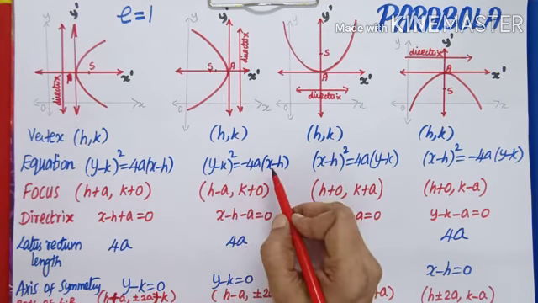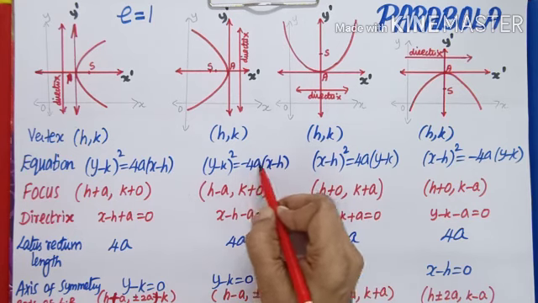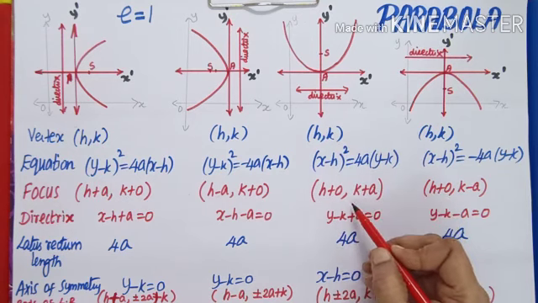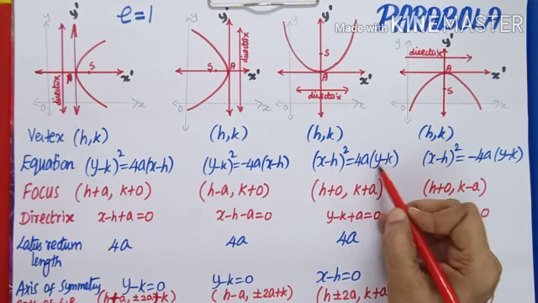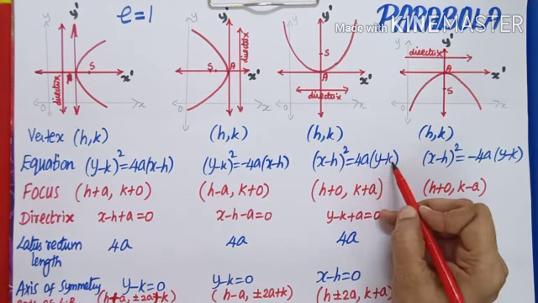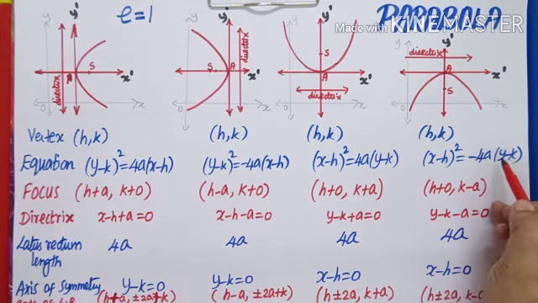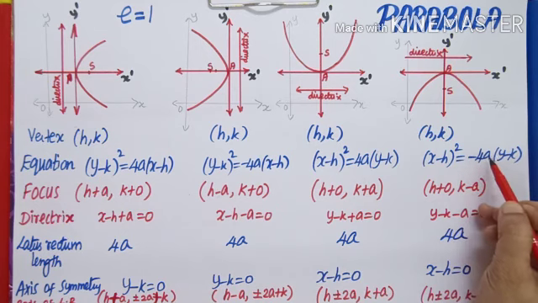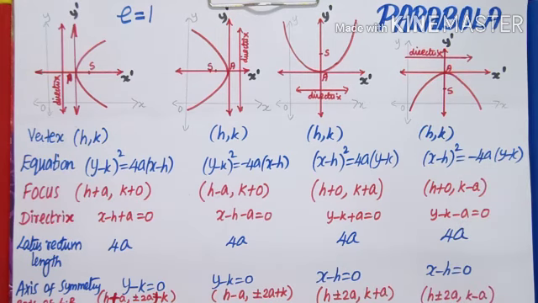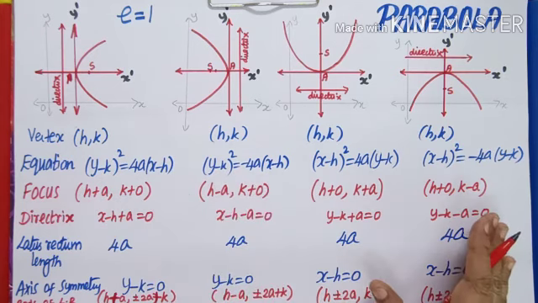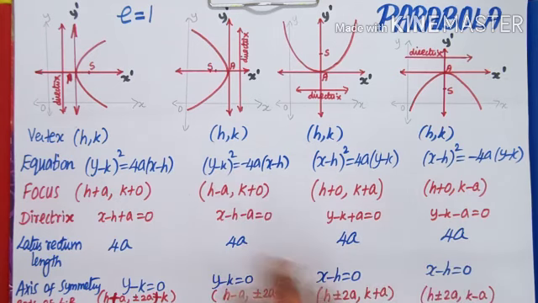Remember in that way. And when you come here, y minus k only is here. So y minus k plus a equals to 0. And this part, y minus k minus a equal to 0. So when you are learning, compare all the four types and learn together. Tabulate like this so that it will be easy for you to remember.